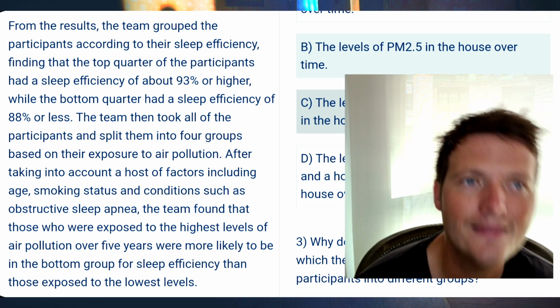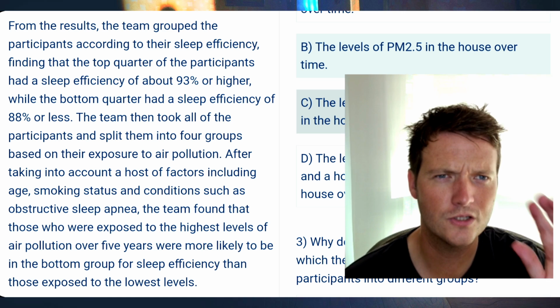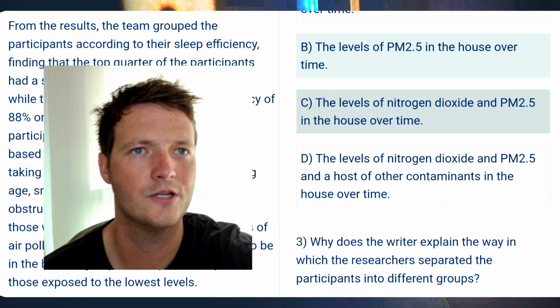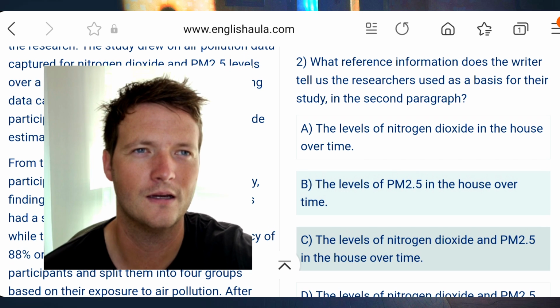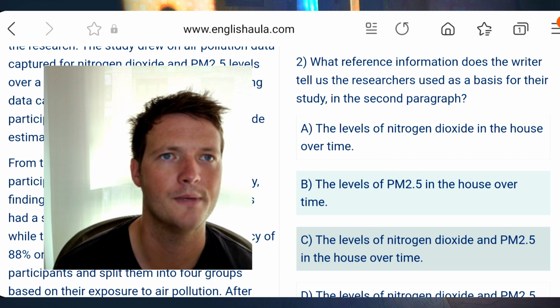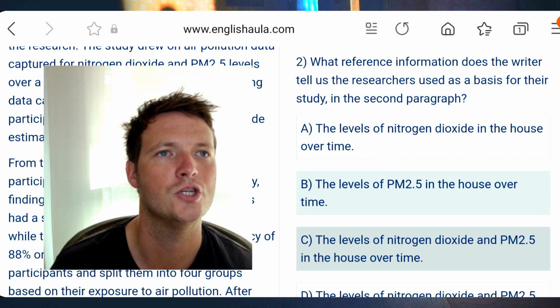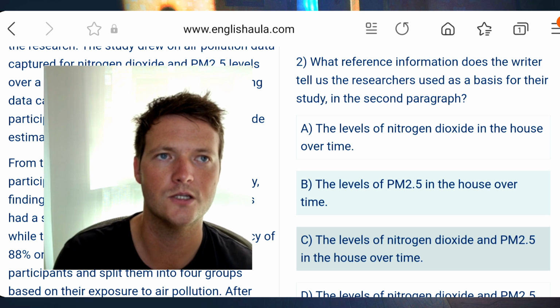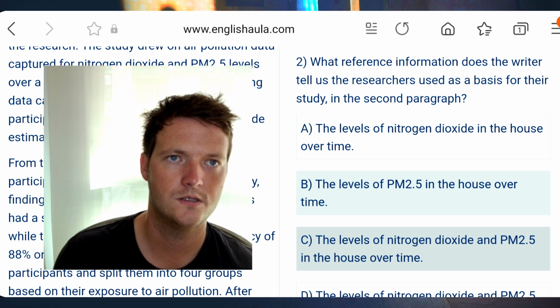Right, so I think, let's just check the question again. Let's see what the question asks us exactly, but I think I have an idea of what the answer might be. What reference information does the writer tell us that the researchers used as a basis for their study?